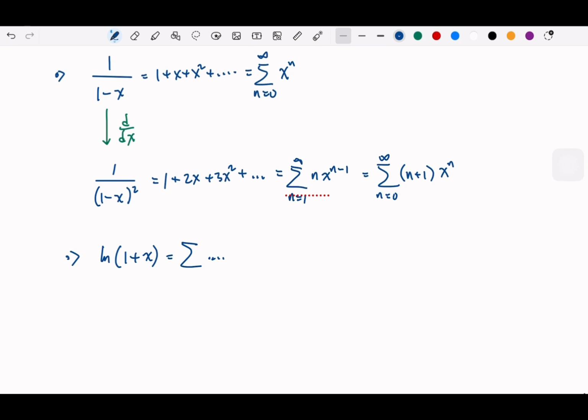Now so far, we can replace 1 over 1 minus x with other terms, so we can replace x with other terms. We can differentiate or we can integrate. Now, the idea is, we have the ln. Where is the ln coming from?